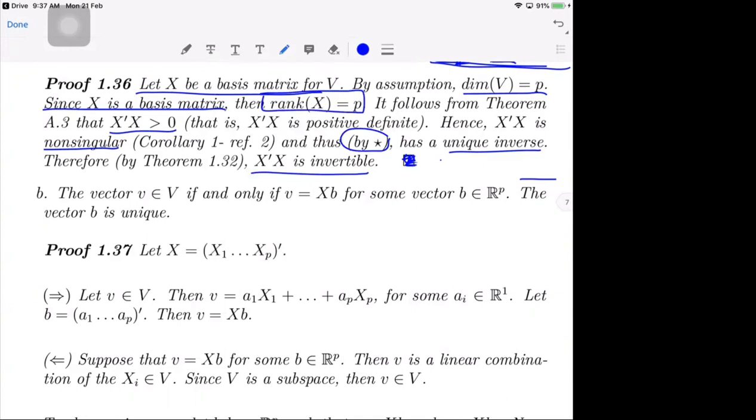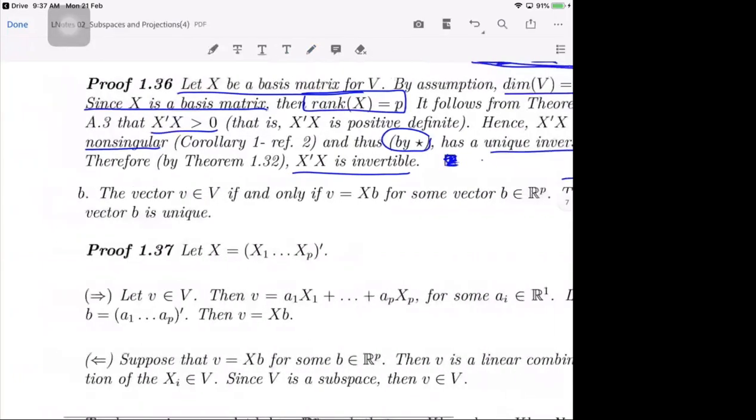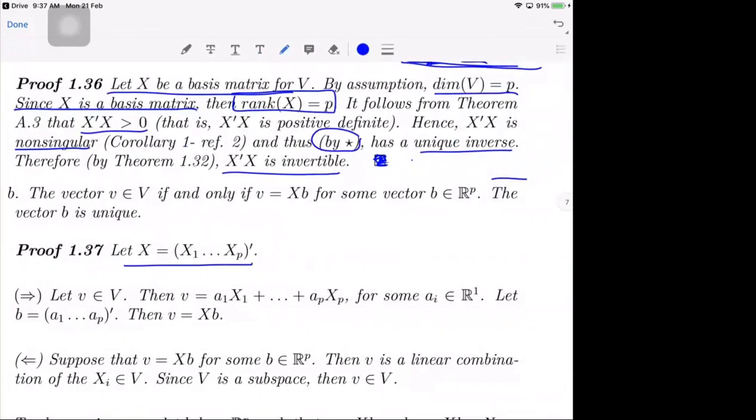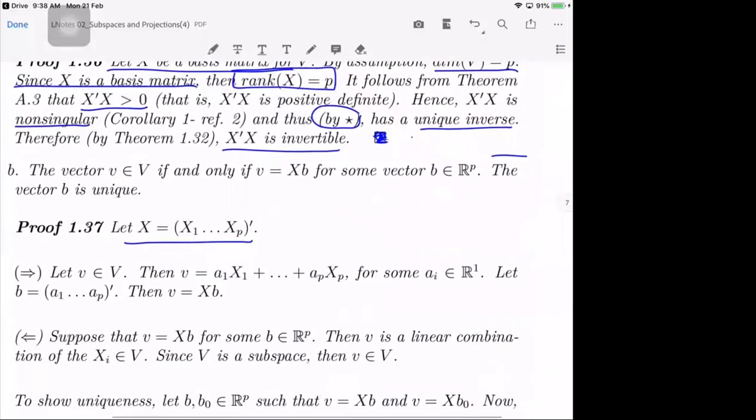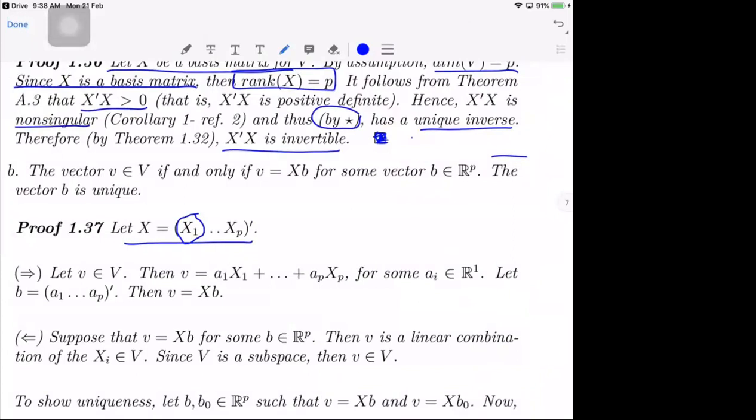Okay, so let's prove this. Okay, X is a basis matrix. Suppose you have X of this form, where this is the transpose. What is the dimension of X? It is n by p. So each of these has n entries, the x_i's. If I write it as x1, x2 to xp, prime, this is the prime.